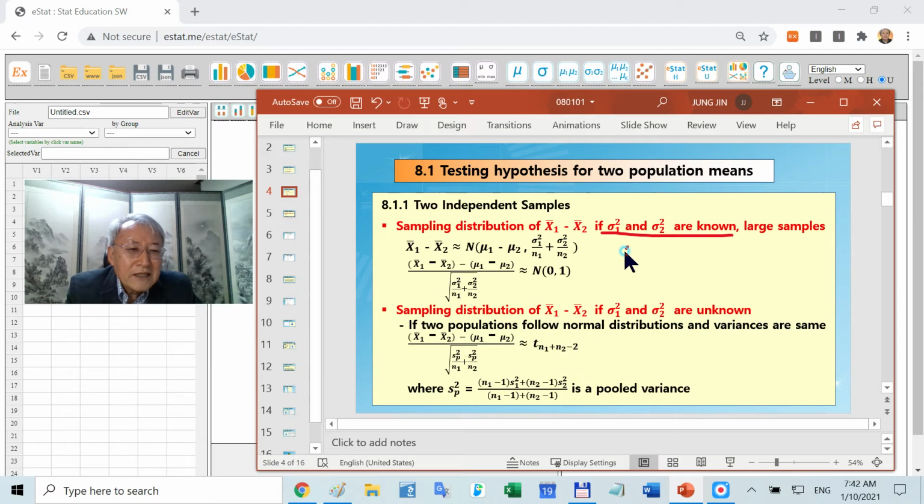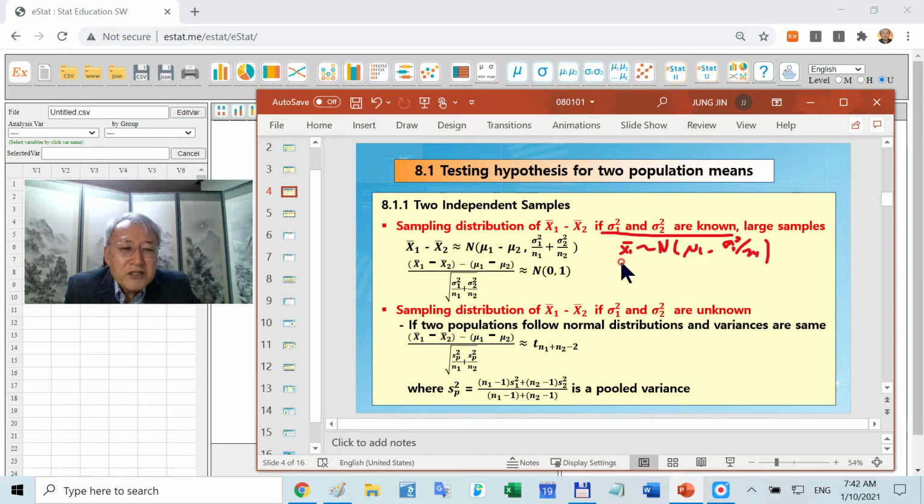Remember that the sample mean follows a normal distribution. The mean was mu1 and variance was sigma 1 square divided by n1.